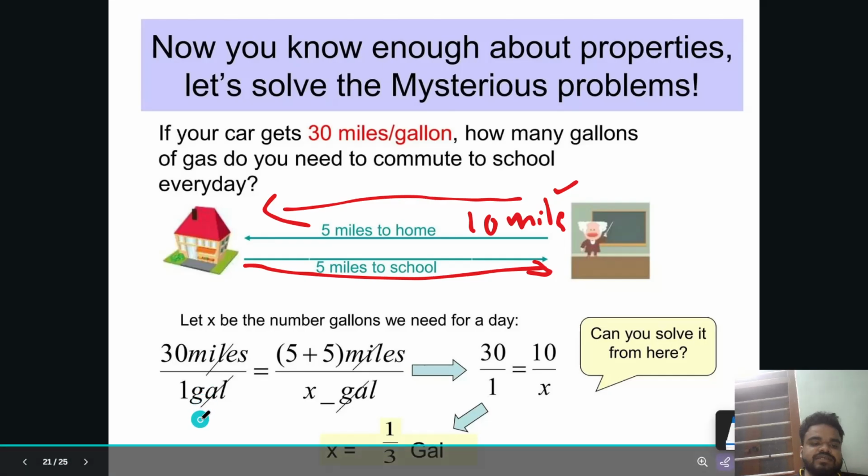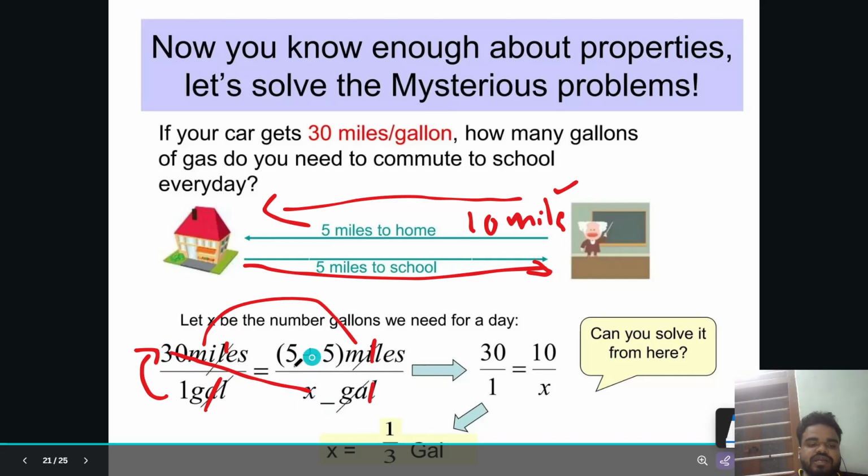be x. So here are two ratios. We know that with 1 gallon we can travel 30 miles, right? So how many gallons do we need for 10 miles? 5 plus 5, right? So gallon will get cancelled. Put x because it's the unknown value. Miles will get cancelled. So multiply using the cross product property: 30 into x and 10 into 1.